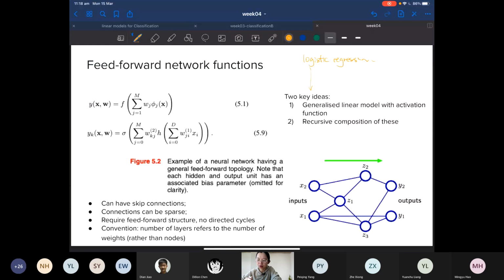So we generalize linear models with activation functions. So generally linear models, W transpose phi. Now, in logistic regression, we put this logistic sigmoid as an activation function. In here, we are considering a larger class of activation functions, right?